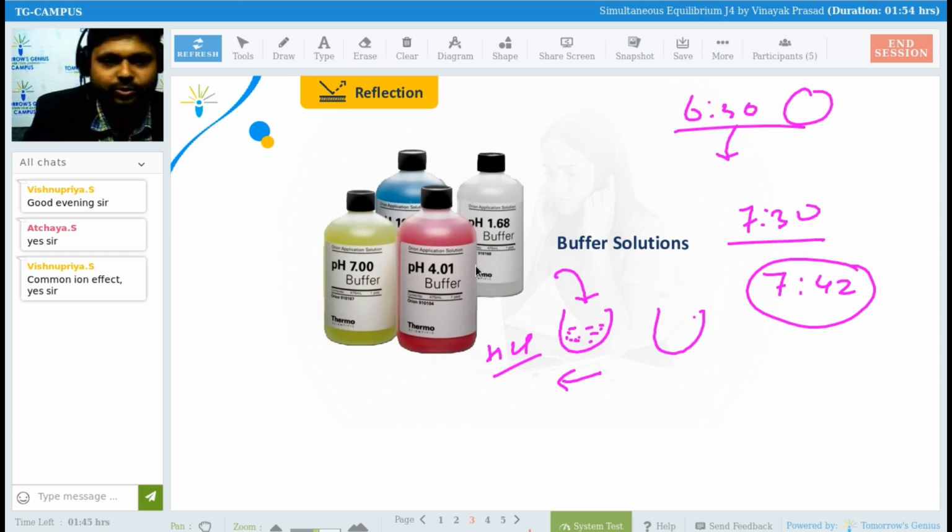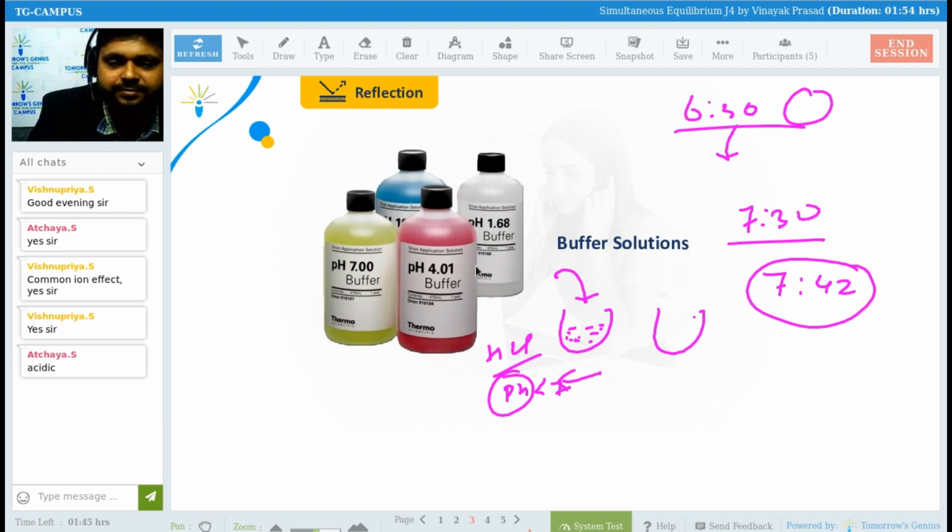If you pour HCl into that water, what will happen? Water will become slightly acidic, and its pH will decrease to less than 7. Earlier the pH of this water is 7, but after introducing HCl, it becomes acidic.